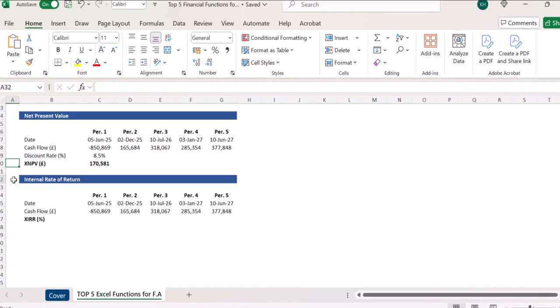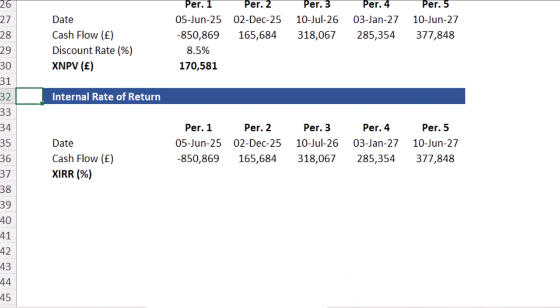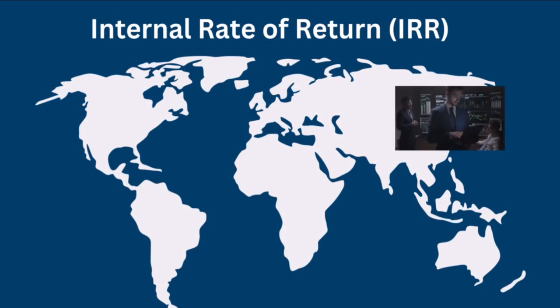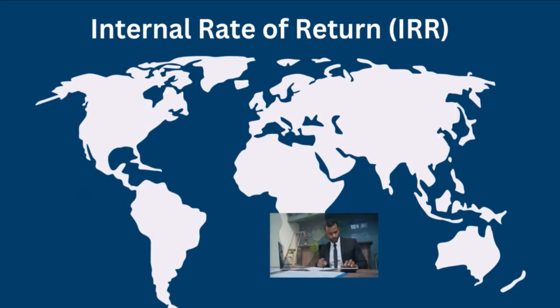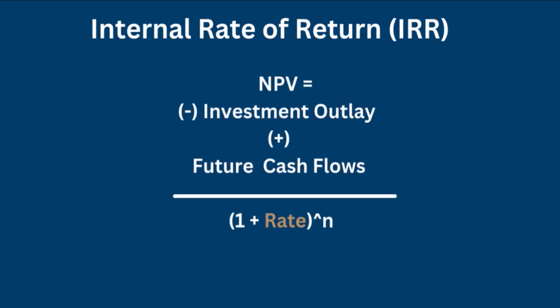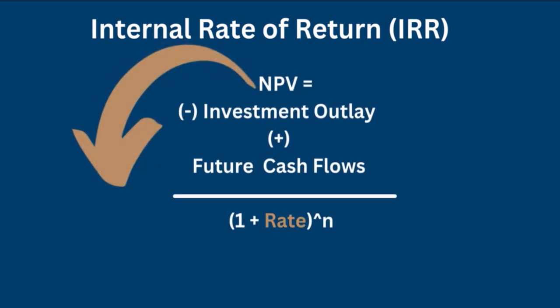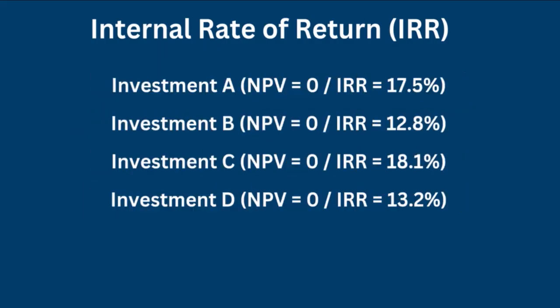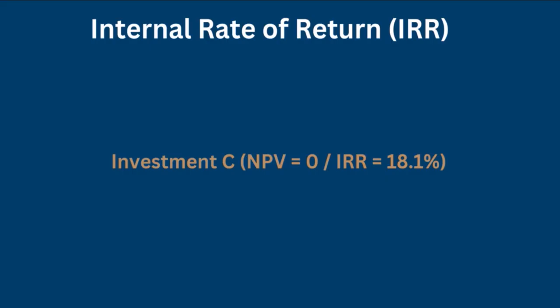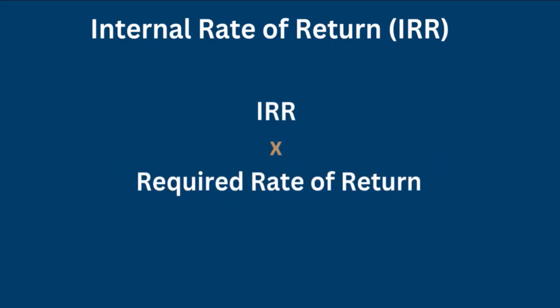The last financial concept to understand is the internal rate of return, which is widely used by investors globally. This is the rate of return that brings the net present value formula we discussed previously to zero. By using the same approach to a series of investments, you can then quickly compare which investment has the higher rate of return, where the higher the better. This return is also usually compared to your required return.